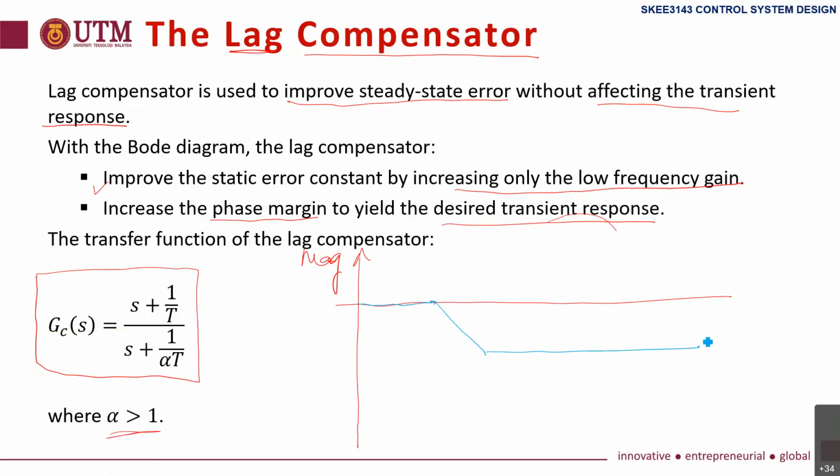We will see later why. Here is 1 over T, here is 1 over alpha T. So it will be like this. This is 0 dB. And we plot the phase.